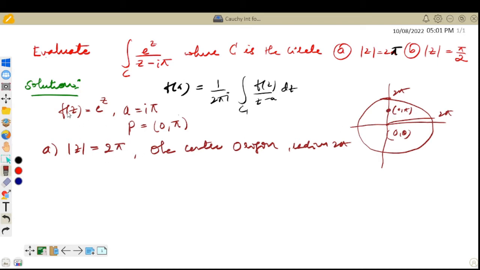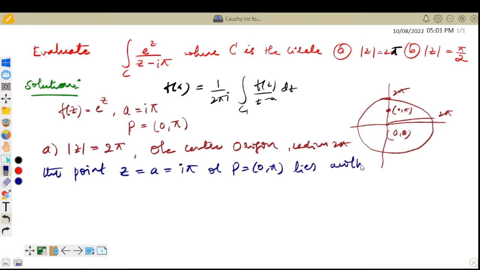What is your conclusion here? Write neatly: the point z is equal to a is equal to i pi, or you can also write the point 0 comma pi, lies within the circle. What is the circle? Modulus of z is equal to 2 pi.